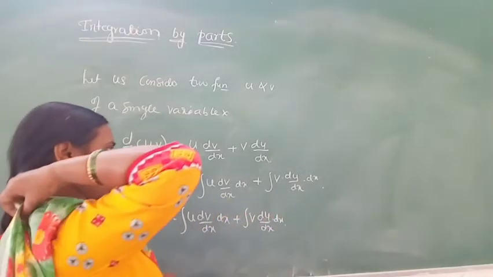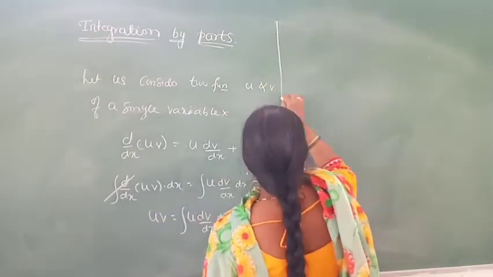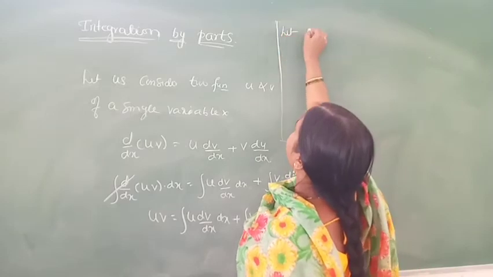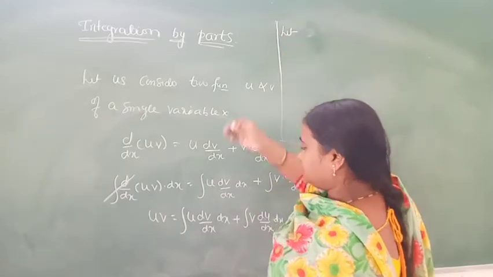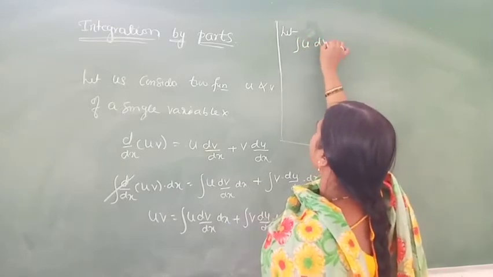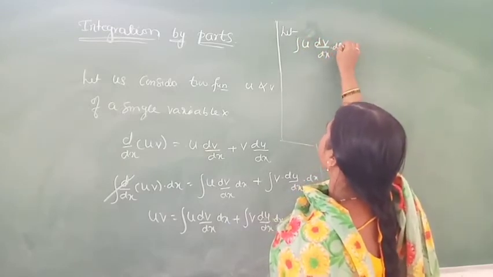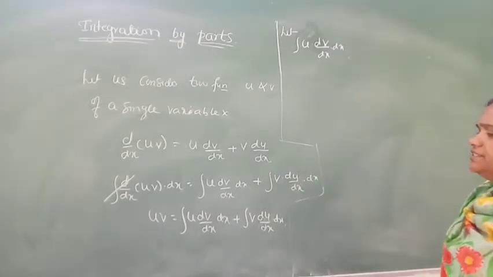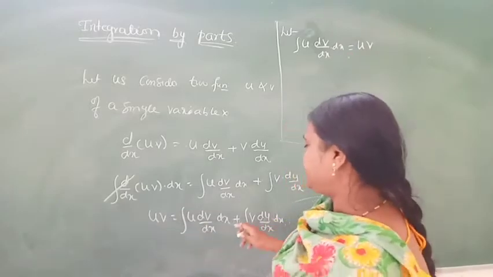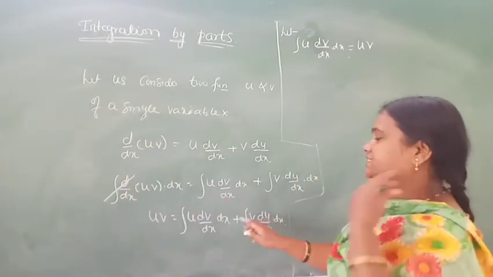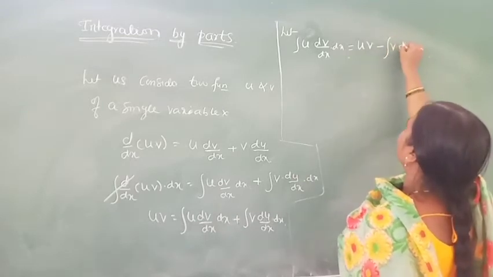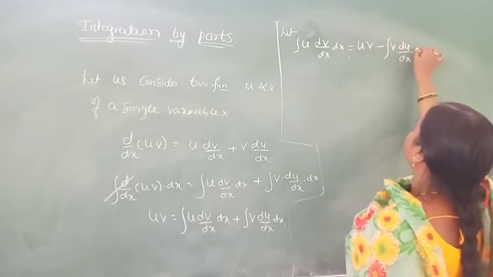Next, let us consider the function in the form of integration of u into dv by dx with respect to x. This one side is equal to uv as it is, u into v, plus v into du by dx is taken to the other side, we will get minus integration of v into du by dx with respect to x.